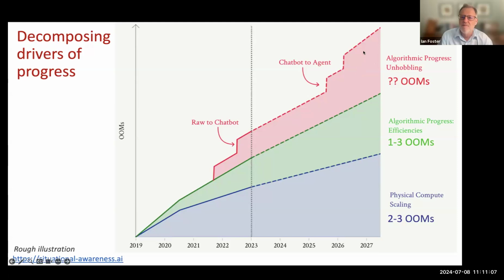And then maybe the big opportunities are in this area of further unhobbling. For example, via the use of agentic methods, where instead of simply asking a large language model a question or a foundation model a question, you have different agents, each of which are implemented as foundation models, each of which may be specialized for different purposes.